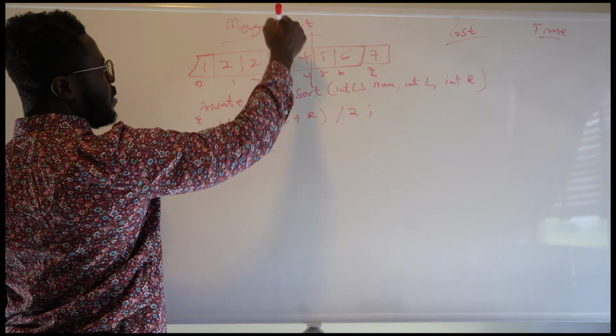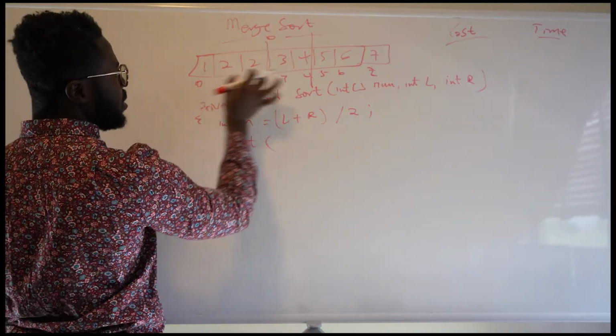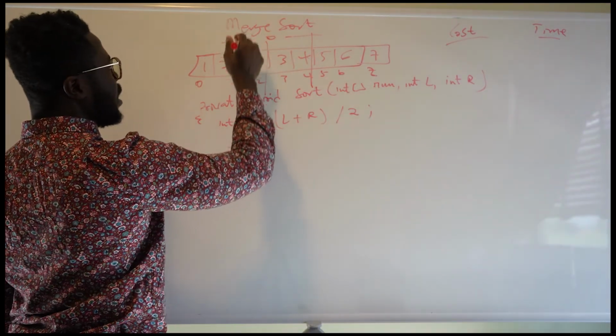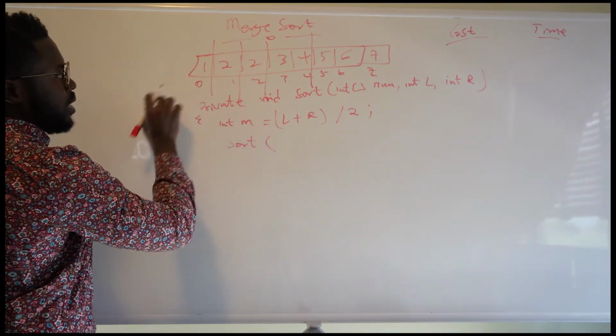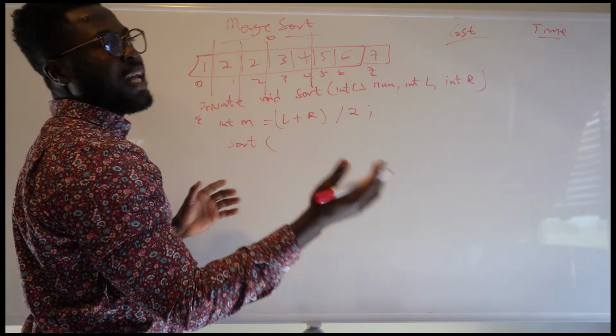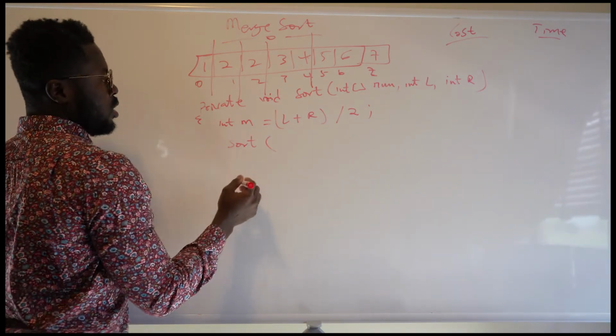Then we come here and divide this piece, then we get this piece and that piece. Then we divide again, and again. After that, we merge sort them. So this is what we're going to do.